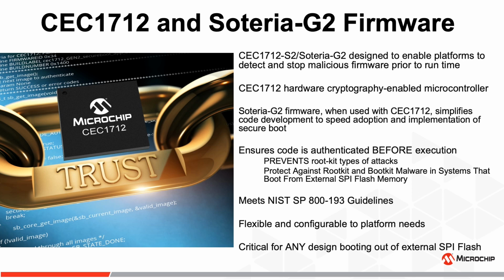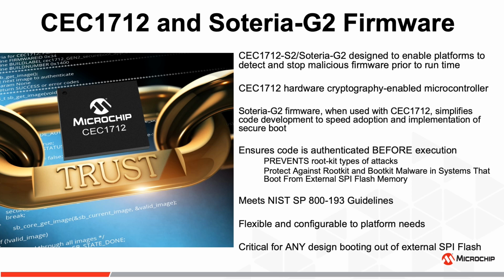We have support up to SHA-512. We have support for up to RSA 4096. We have the ECDSA curves, and we have several other curves and cryptography algorithms that can be used for whatever needs that your customers or you may require for your system firmware.